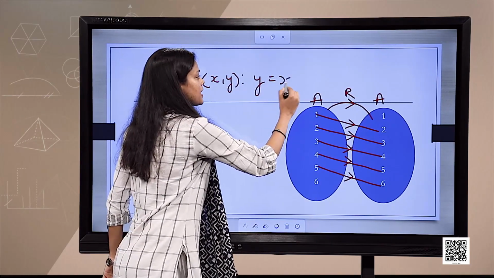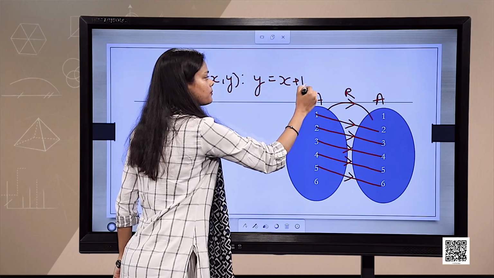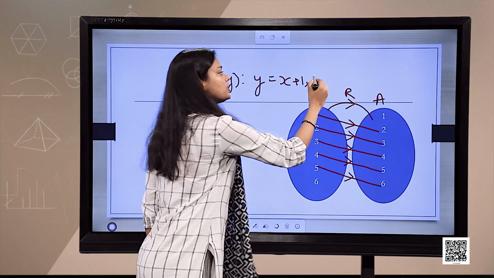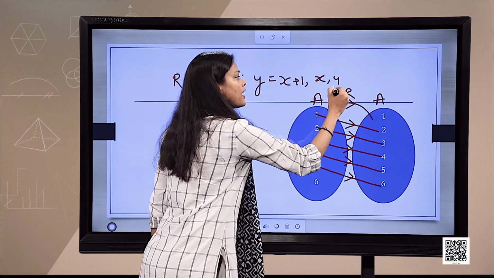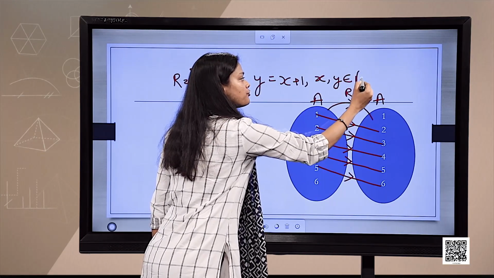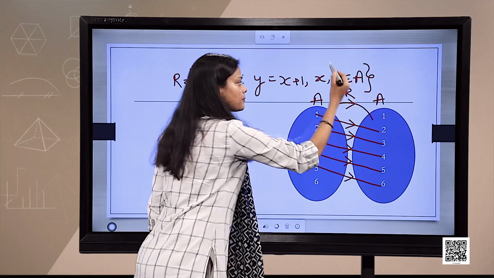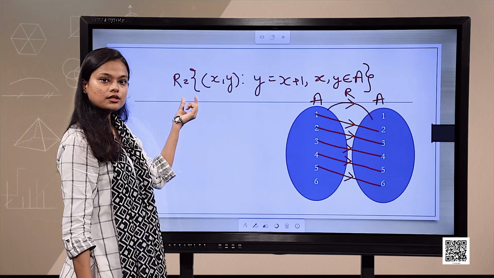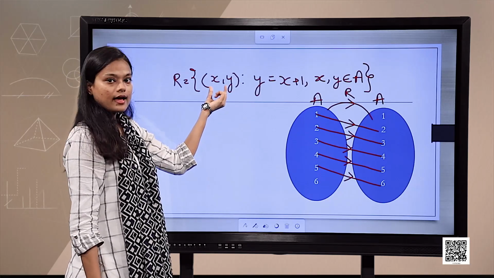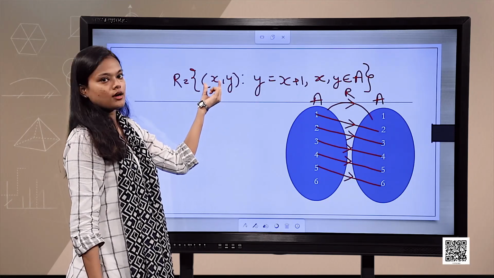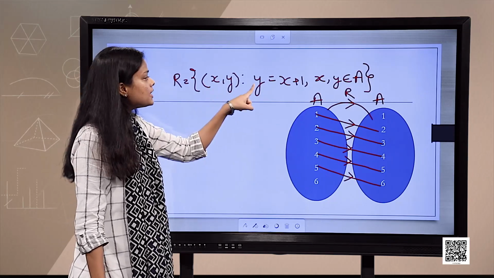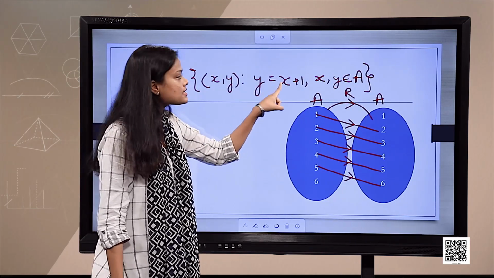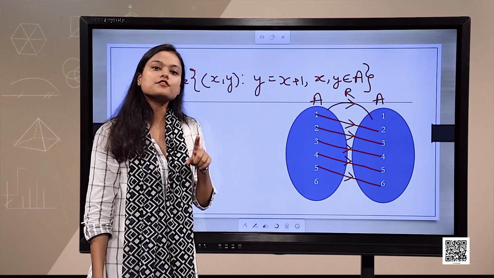So, I can write x plus 1, where both x and y are coming from the set A. So, we have formed a relation of all those ordered pairs where the second element is a successor of the first element.